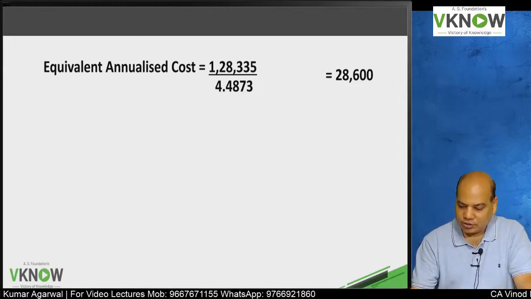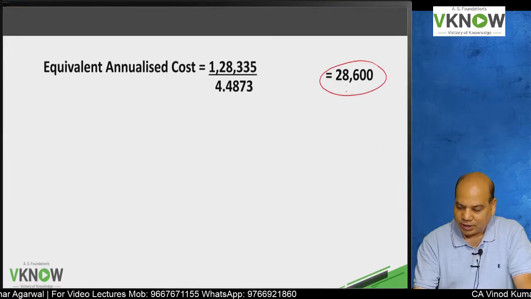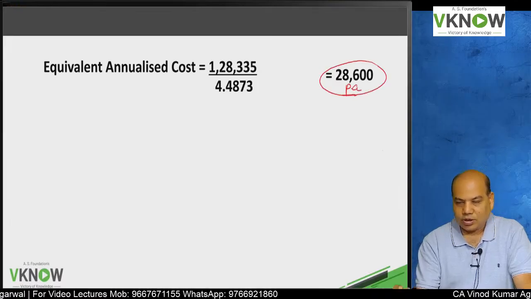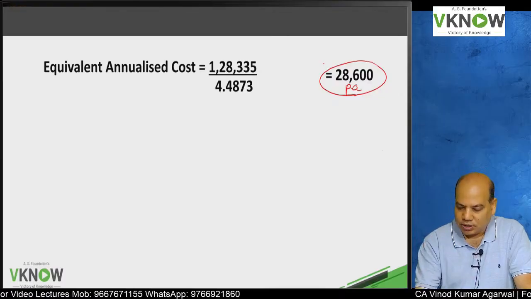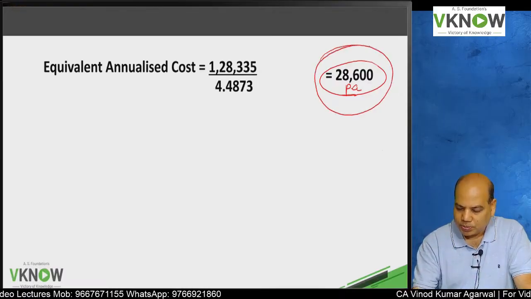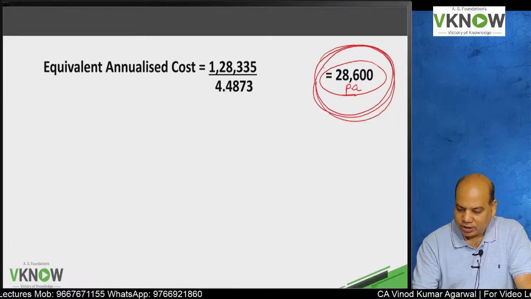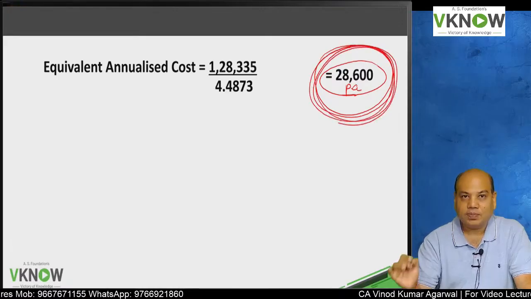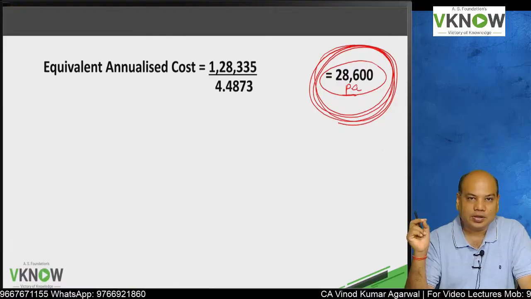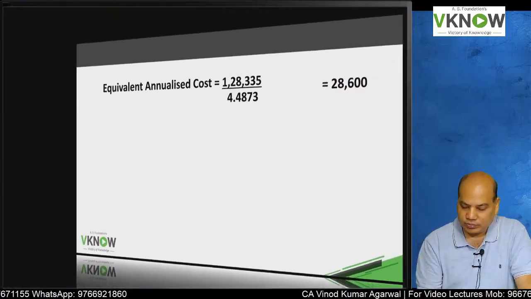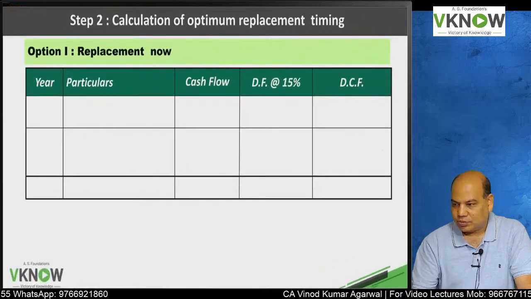What is 28,600? It is the per annum usage cost. If you purchase the new machine, it is equivalent to spending 28,600 per annum.